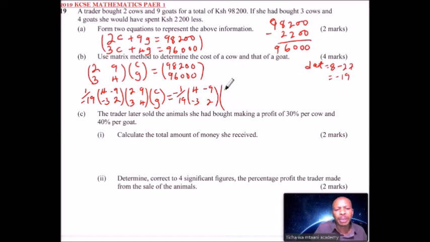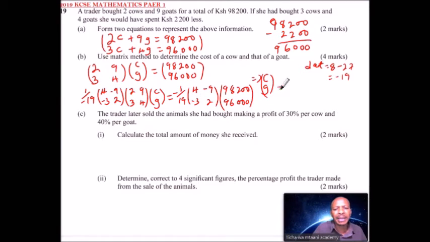Then we multiply by 98,200 and 96,000. What we know from the matrix is, if we multiply the matrix by its inverse, we will be left with the identity matrix. So it means that here we will have C and G.